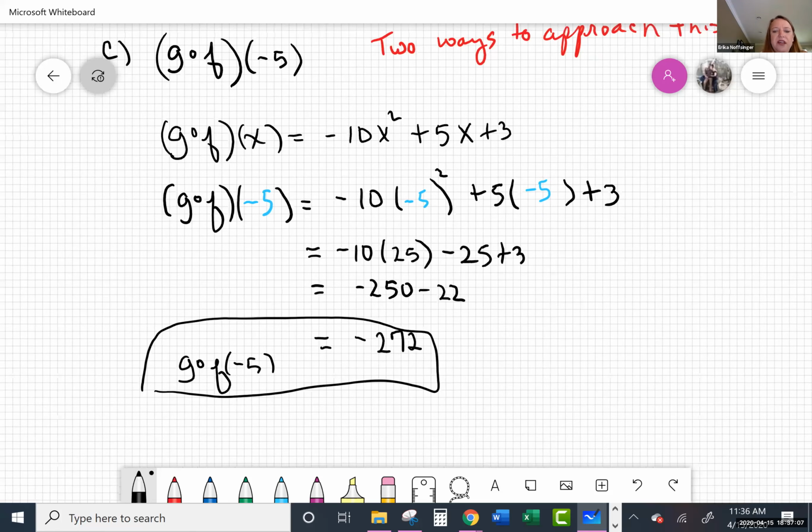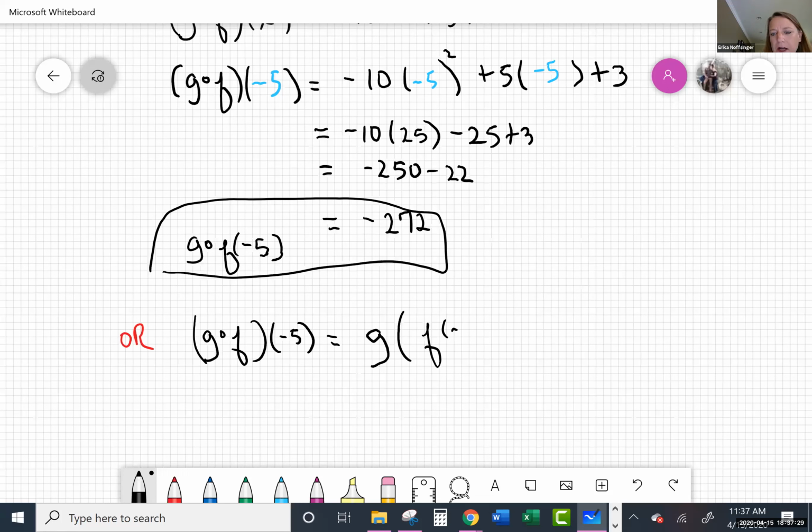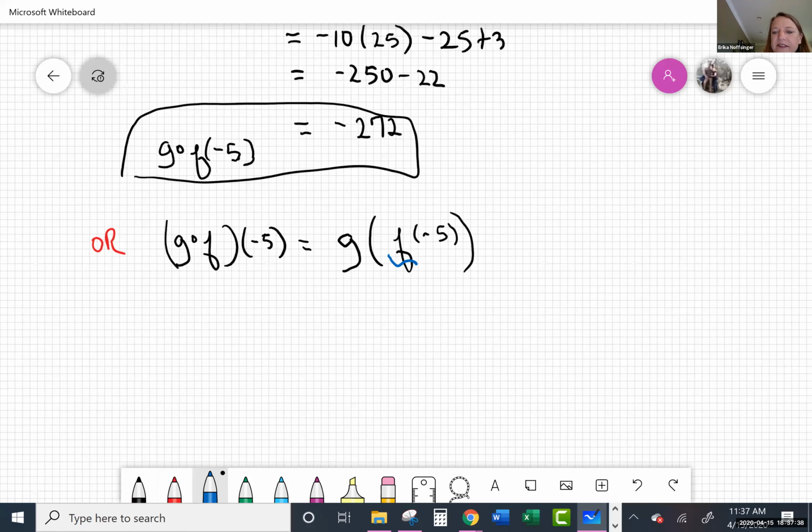The other way that we could have thought of this: you're looking at g of f of -5, so let's first find what f of negative 5 is.